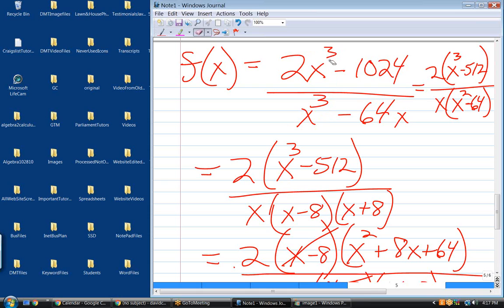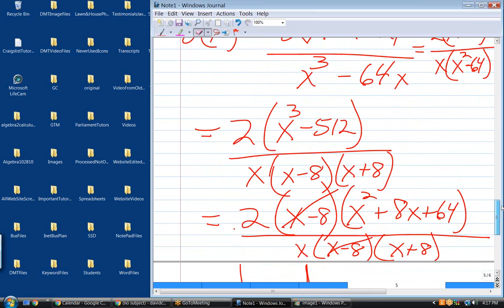If the bottom was bigger than the top, the horizontal asymptote would be at y equals 0. If the top is bigger than the bottom, we have to do the division before we even do anything else. In other words, if this was to the fourth and this was to the third, first of all, I divide this into that, and I deal with my remainder. Okay.